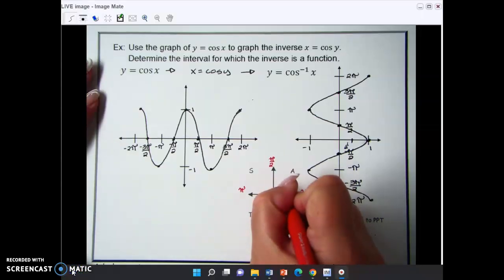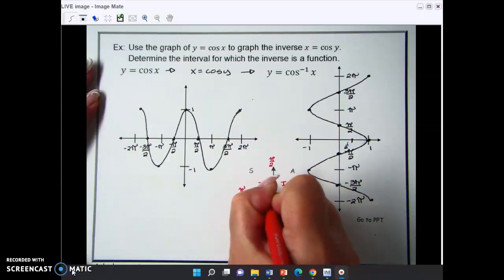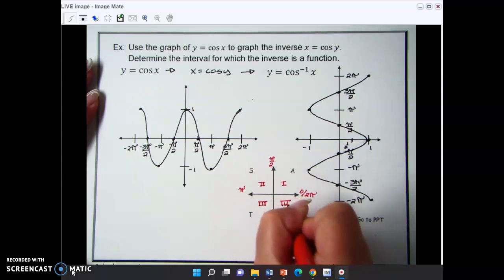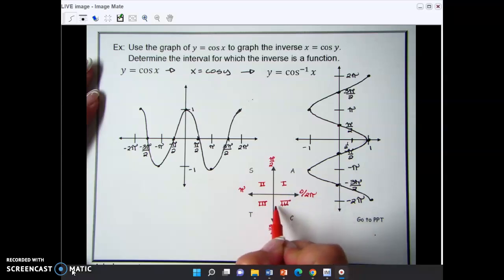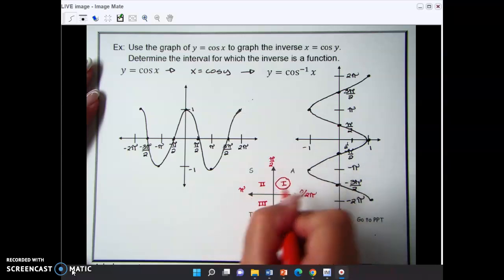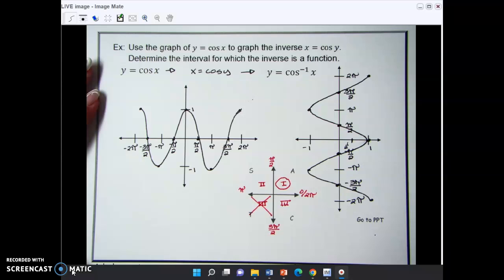So coming back here, this is quadrant 1, quadrant 2, quadrant 3, and quadrant 4, right? And remember, we can reach quadrant 4 by going backwards, and these would be negative angle measures. So we said always choose quadrant 1 and never choose quadrant 3.